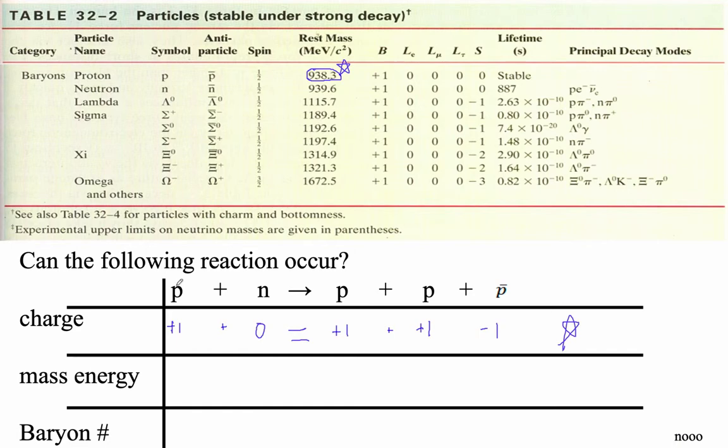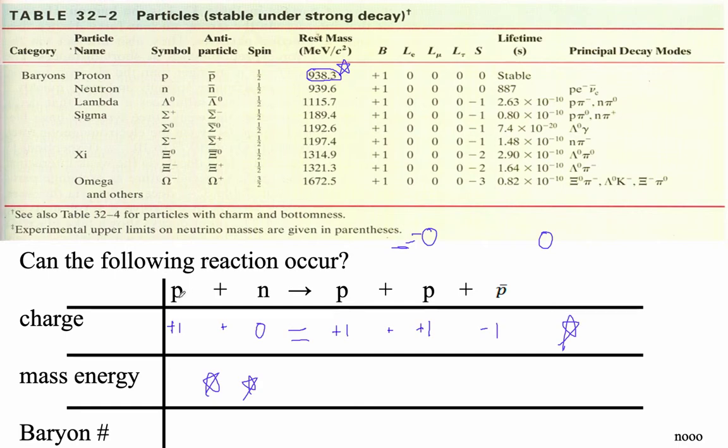Just accelerate it through 1 giga electron volts, or 1 billion volts, and you've got enough energy to make a proton easy. So this is all good. Remember that the proton can be flying along with a ton of energy and it can create particles. That's not a problem. So we're good here.